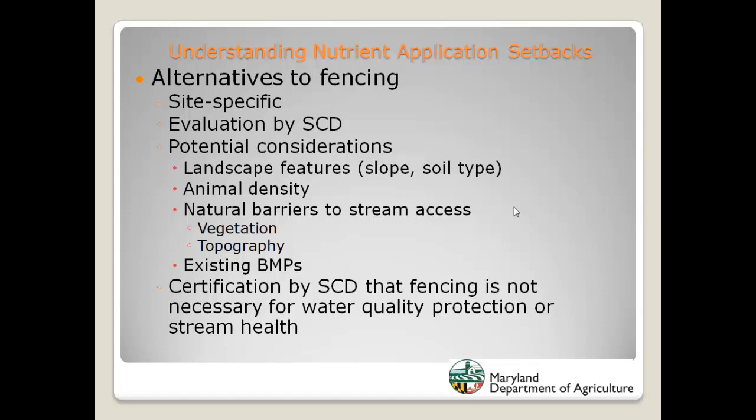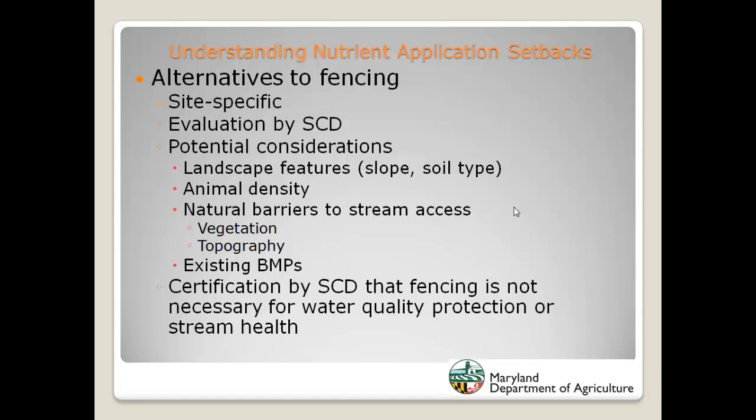But to the extent that the Soil Conservation District comes out and evaluates certain features or site-specific characteristics, and I've listed here a few, whether it's the slope or the soil type in that particular setting. Animal density, I think, can be a consideration. There can be an observation and assessment of how this water course makes its way through the pasture, and in fact, the actual distance between the edge of this pasture and the water course is obviously a consideration. But are there natural barriers I've referred to?